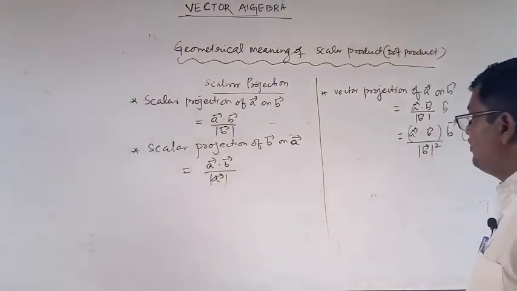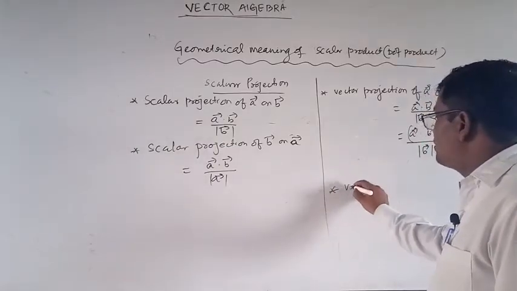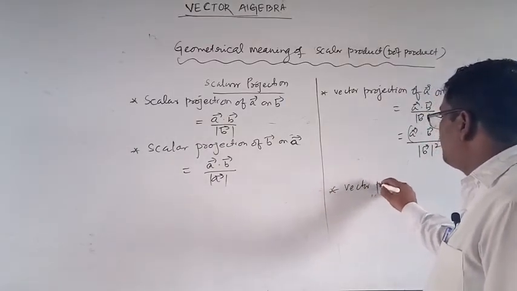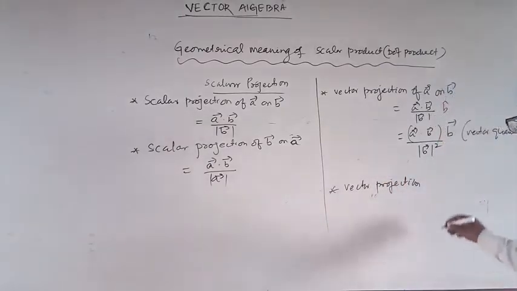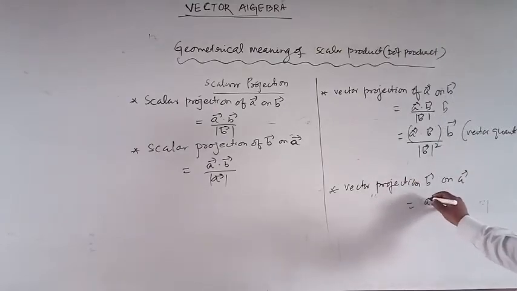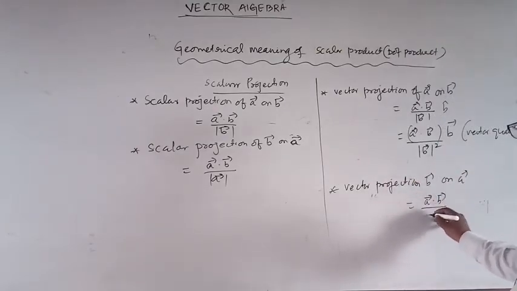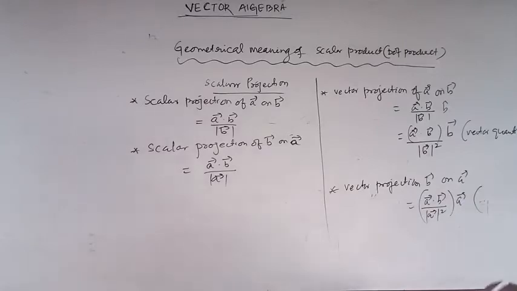Similarly, the vector projection of B on A is A dot B divided by magnitude A square, multiplied by vector A. This is also a vector quantity.